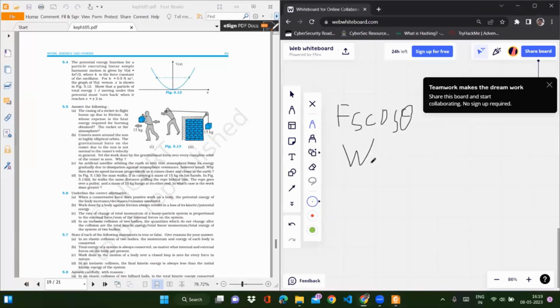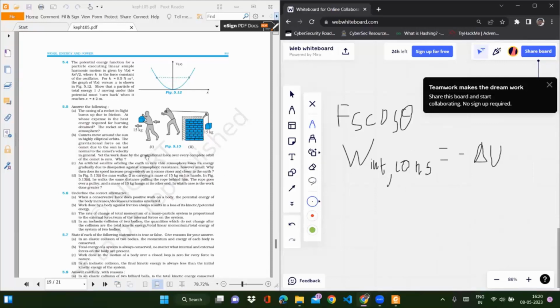So the work done by the internal conservative force is equal to minus delta U, the negative of the change in potential energy. Or we can say the change in potential energy is the negative of the work done by the internal conservative force.